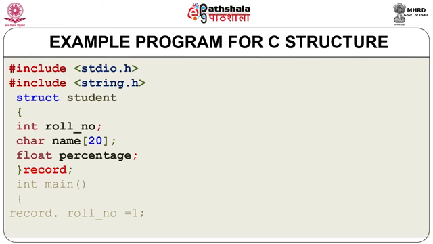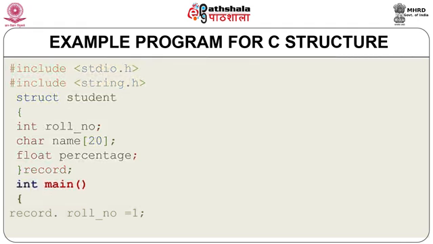You can see in this program there are various fields like roll number, name, percentage, and the structure name is student. After the body of the structure you will find one keyword, that is record. There is the main function used after this. The main function starts here.